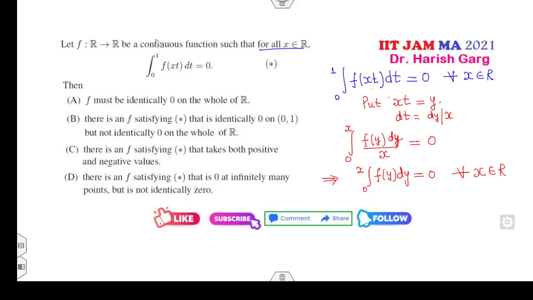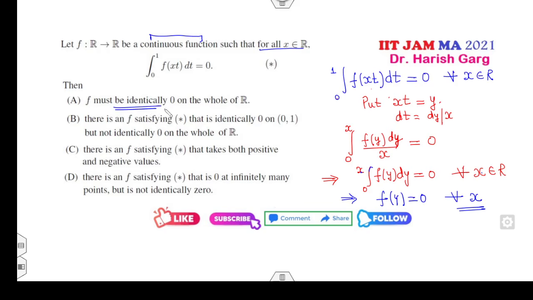Now what does it mean? The function is continuous and its integration is 0. What does it mean? f of y is 0 for all x, whatever the domain of x.